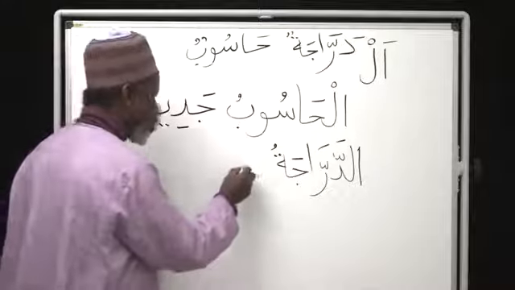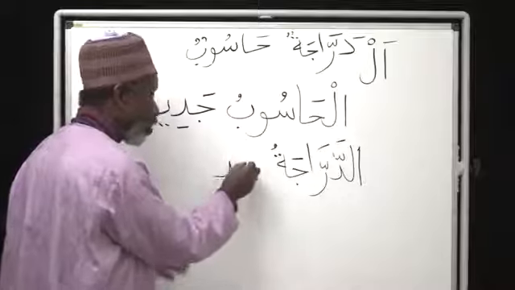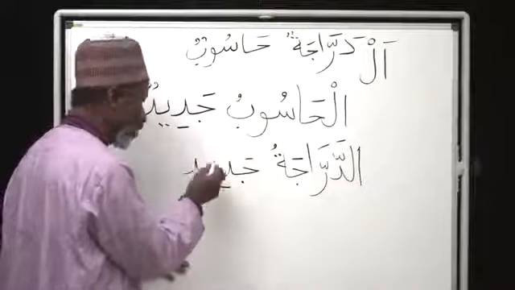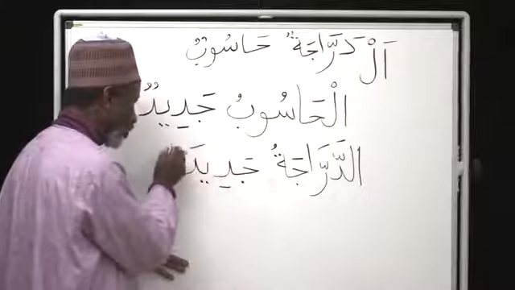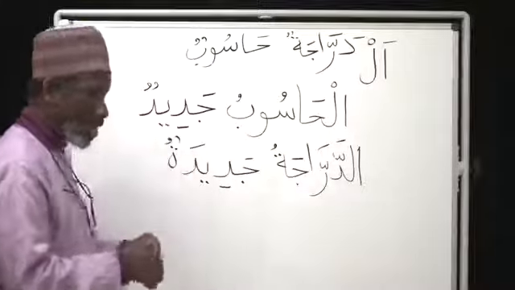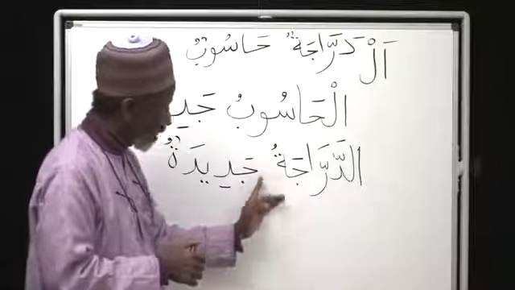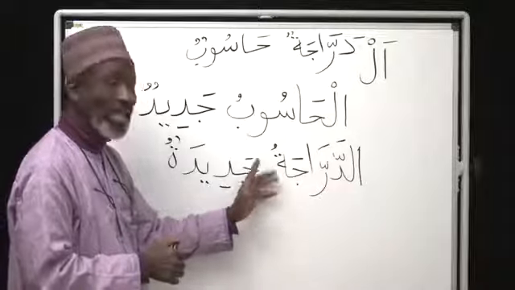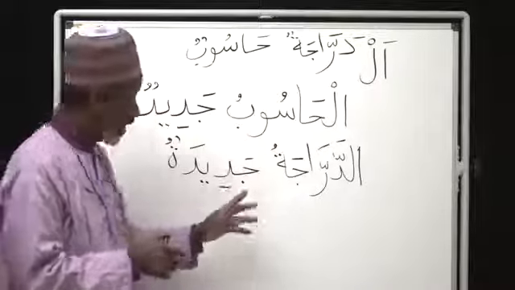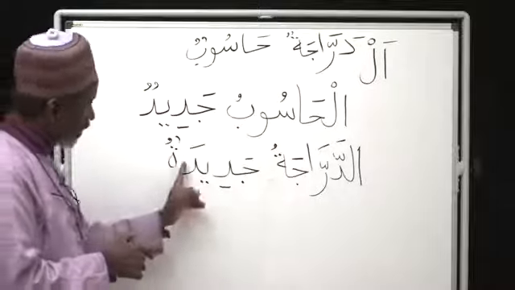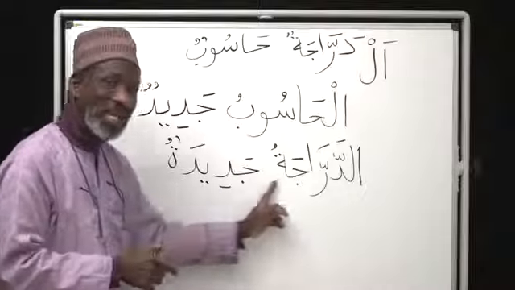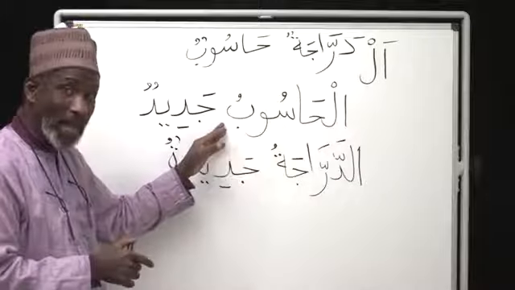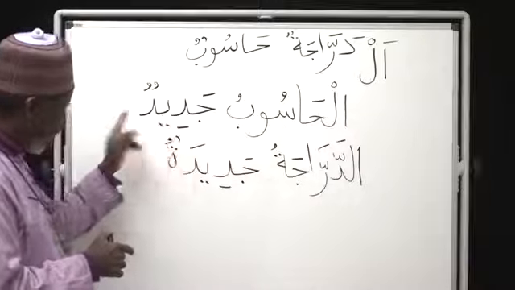I have to choose the feminine form of new and also make it indefinite. Jadidatun. Ad-darajatu, the bike. Because I've dropped the al here, there is an is which is embedded and implied. Jadidatun. Note that I'm still maintaining the gender. So here al-hasubu is masculine, and jadidun is masculine.